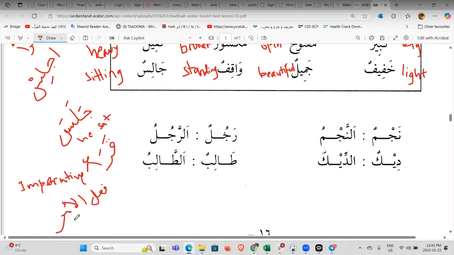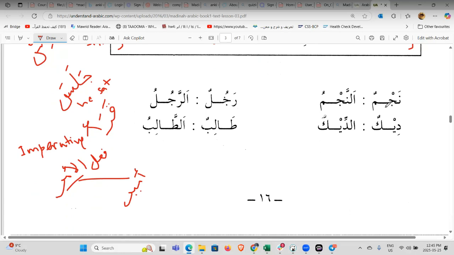Amr is also the word from which we form Amir, the person who gives the order, the commander, the Emir. So you see, in Arabic, everything is connected. If we start going, we'll never stop. So I'll just pause it there.